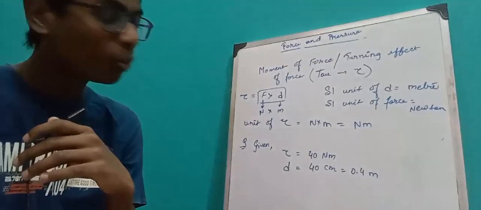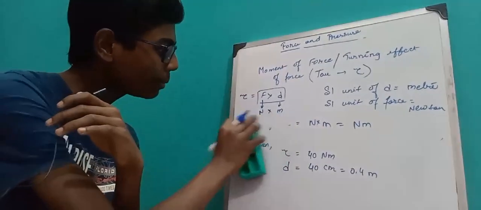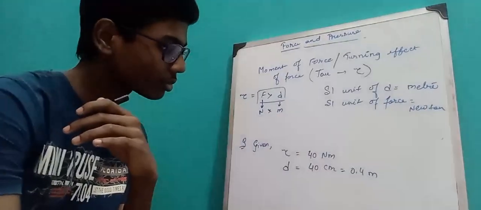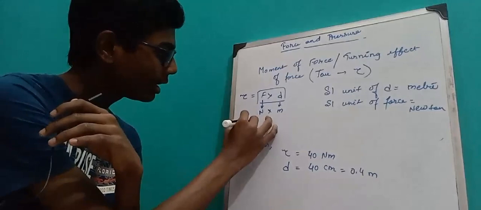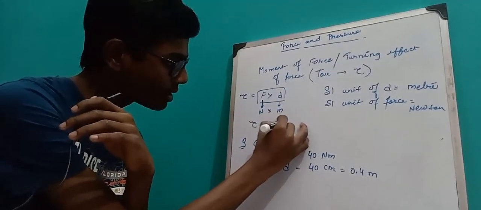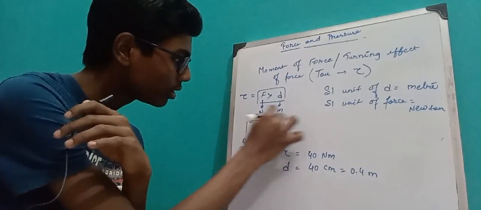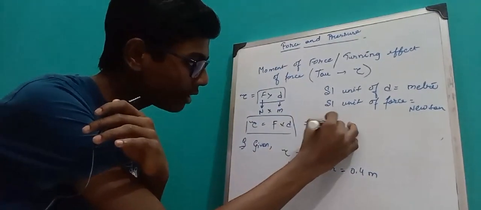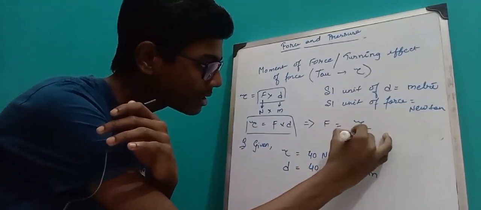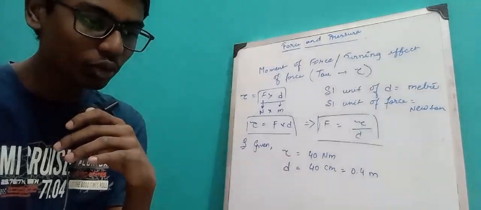Now, what we know about the formula is that tau equals force into distance, right? This is the formula. Now from here, can we say that force equals tau by distance? Simple linear equation.